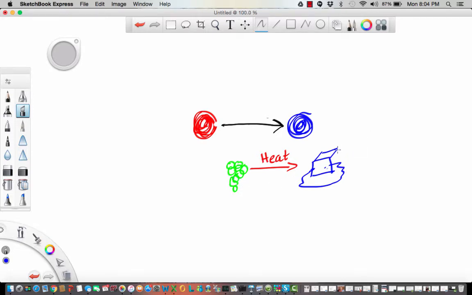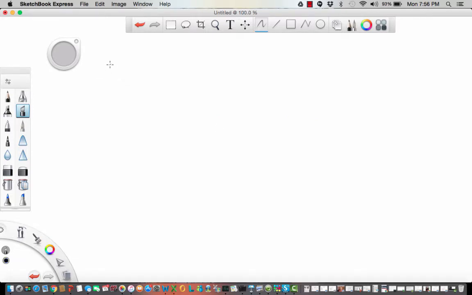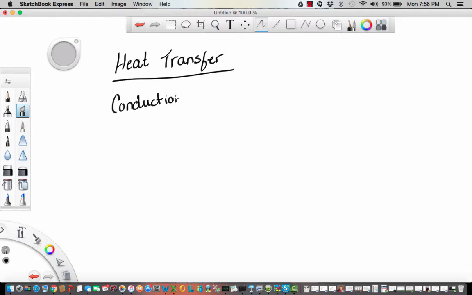So now we're going to talk about heat transfers. There are three types of heat transfer: conduction, radiation, and convection.